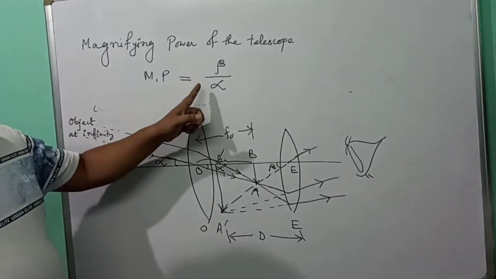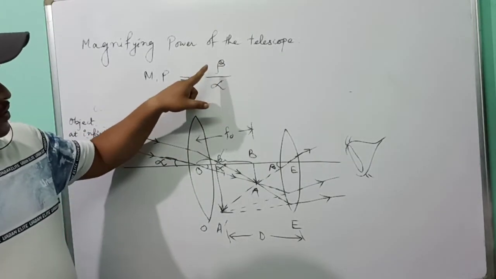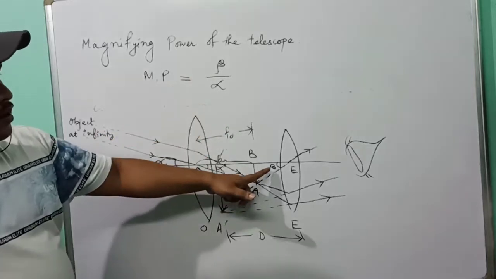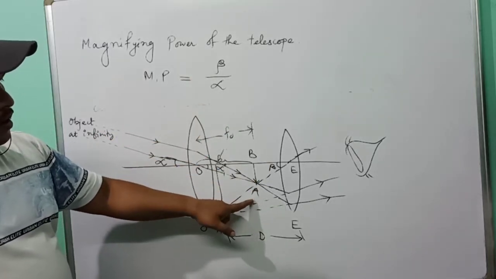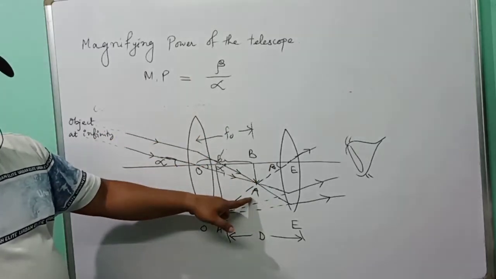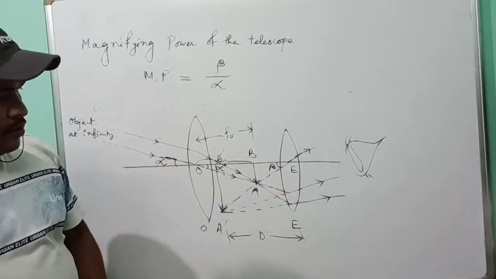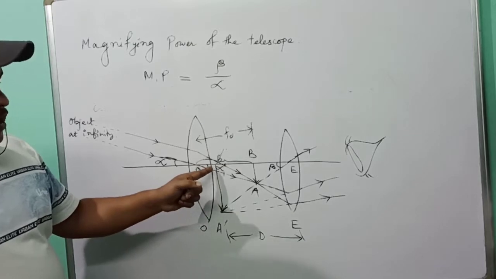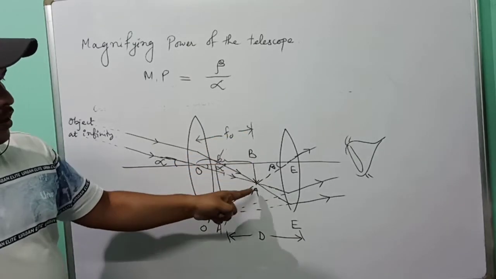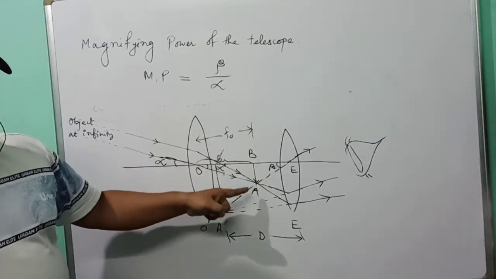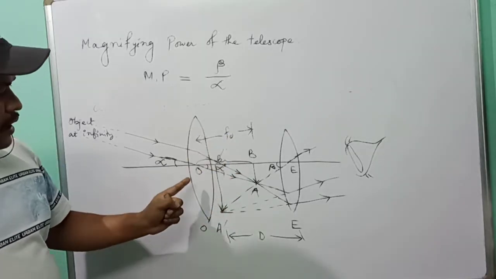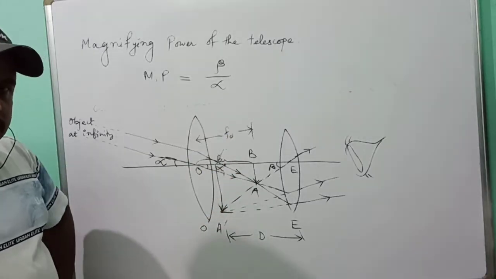Again I am repeating: beta is the angle subtended by the first image AB at the eyepiece lens, and alpha is the angle subtended by the same image AB at the objective lens.